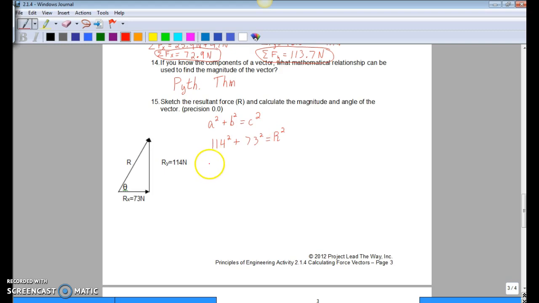So to get R by itself, I'm going to move that to the left side. I'm just rewriting it. And I'm going to take the square root of both sides.